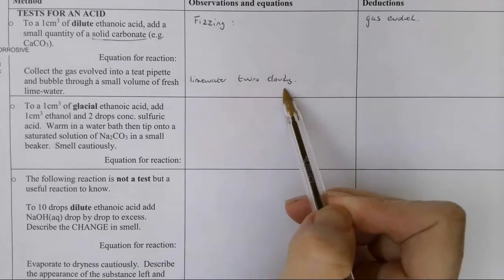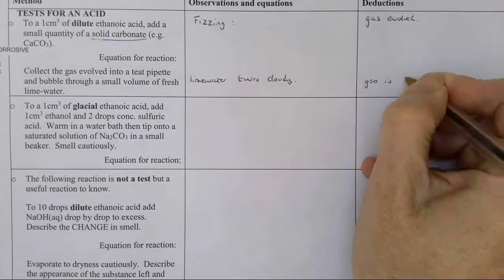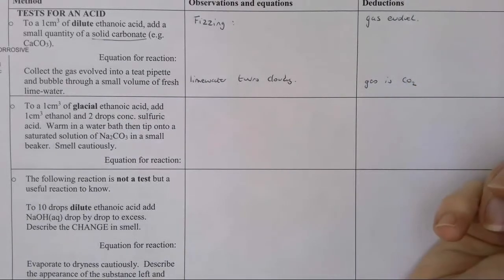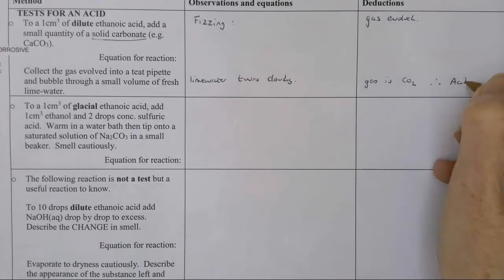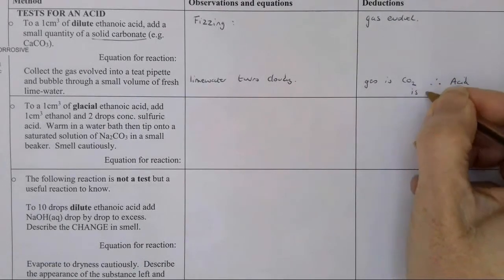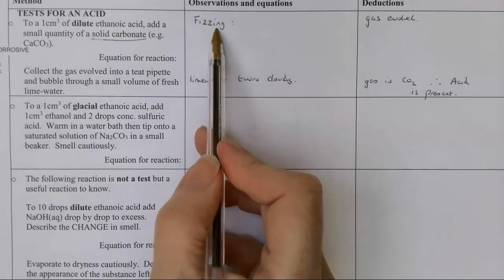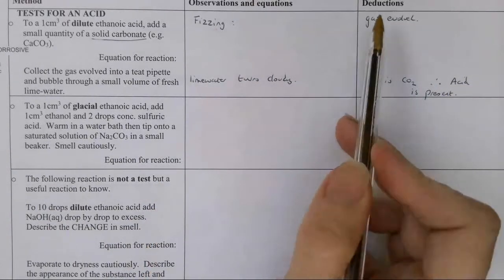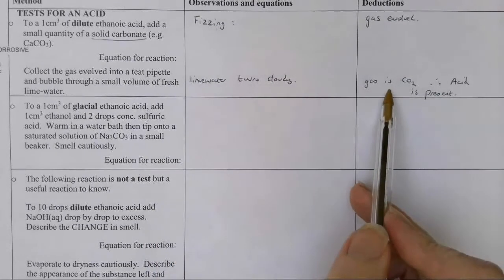The lime water turning cloudy tells me that gas is carbon dioxide. Therefore, I can say an acid is present. Okay, so fizzing is my observation, deduction gas evolved, observation lime water turns cloudy, deduction the gas given off was CO2, carbon dioxide.